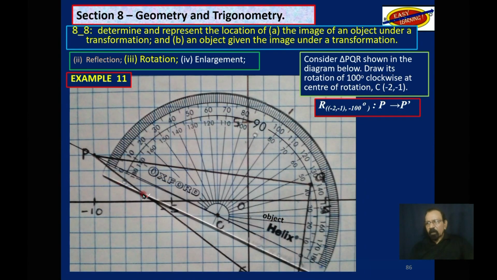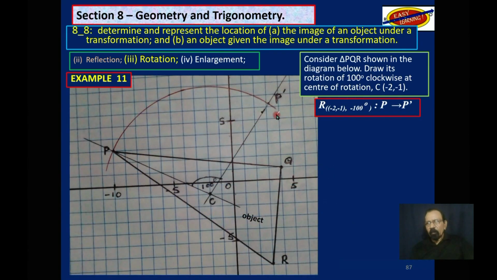So we draw a line from P to the center of rotation, measure the 100 degrees, mark that point, draw a line through there, and then draw an arc from P to touch that. So we have P prime.